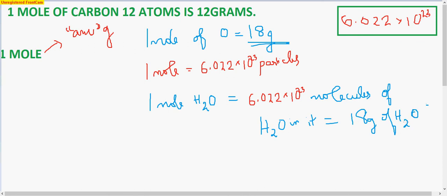So if you take 18 grams of H2O, you will have 6.022 into 10 to 23 particles in it, and you will have exactly 1 mole of H2O. If someone asks you to give them 1 mole of water, you just give them 18 grams, or 1 mole of some other liquid, you just find the molecular mass of it.